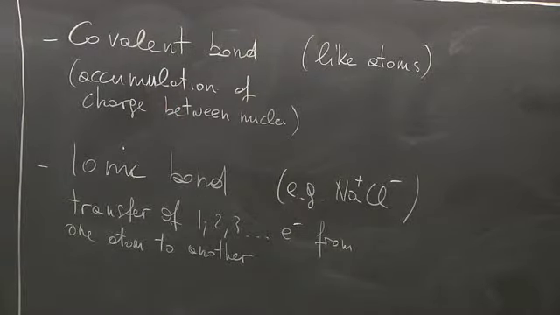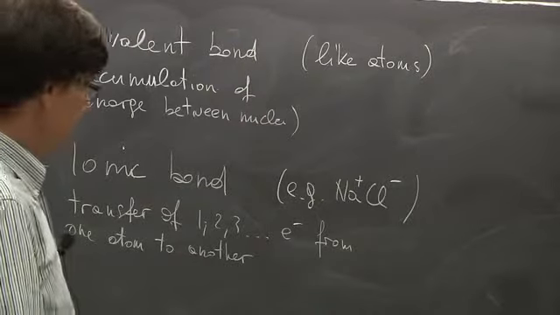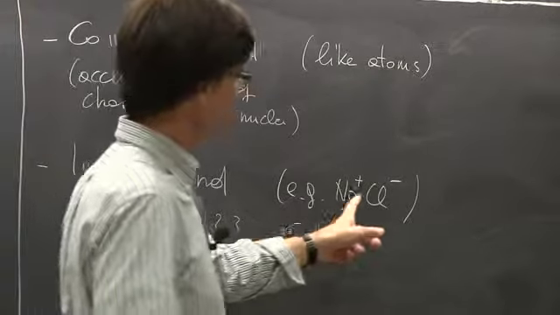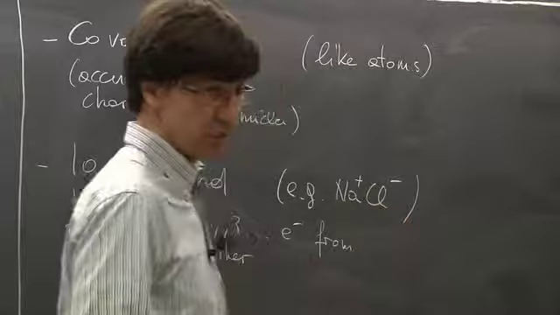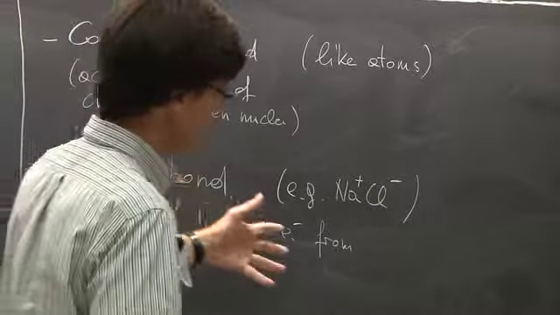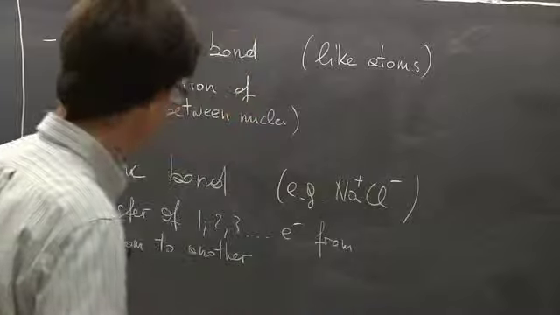Now the consequence, of course, of this is that the energy has to go down. The energy in these processes always goes down if they happen, otherwise they wouldn't happen. But in addition here, you have also the electrostatic energy of interaction due to the fact that these are oppositely charged Coulomb ions. So generally speaking, the ionic bond also gives rise to a lowering of the energy.